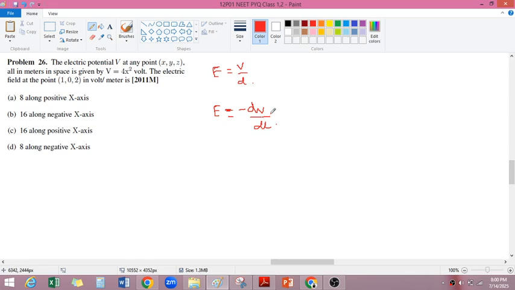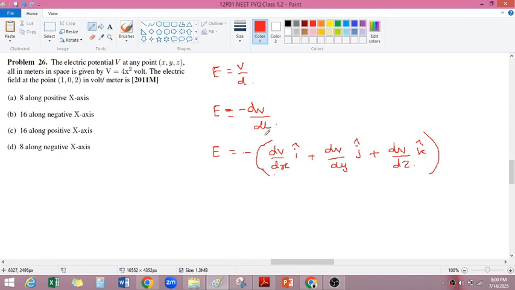So this formula can be extended as electric field E is equal to minus dV by dx in the i direction plus dV by dy in the j direction plus dV by dz in the k direction. Okay, so your vector algebra concepts will come here.